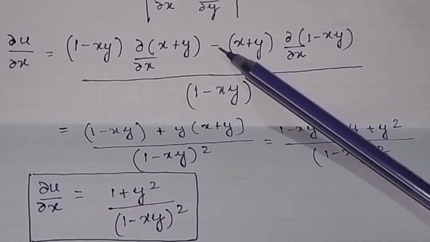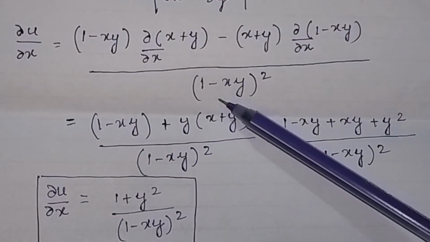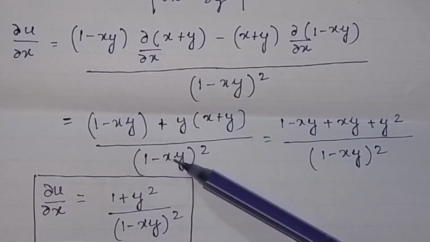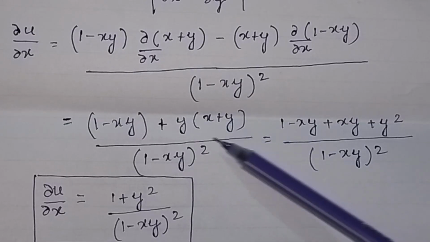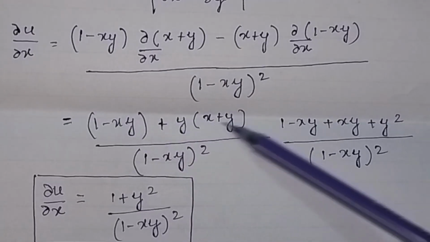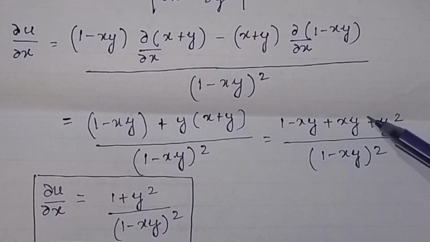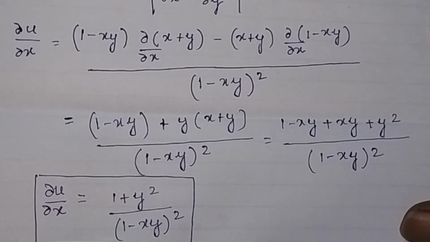So minus y, here minus, so plus y into (x plus y), divided by (1 minus xy) whole square in the denominator. If you solve it, in the numerator you have 1 minus xy plus xy plus y square divided by (1 minus xy) whole square.